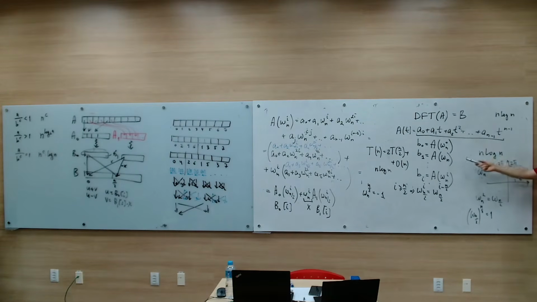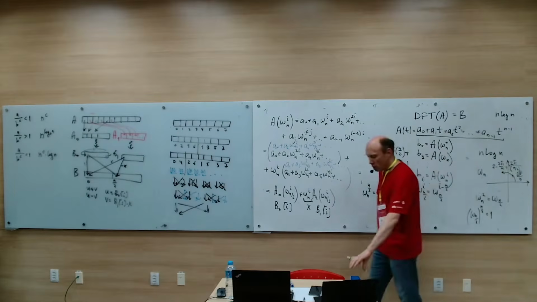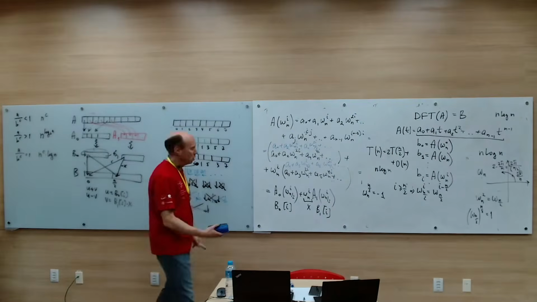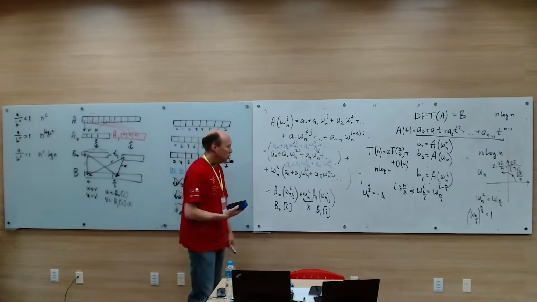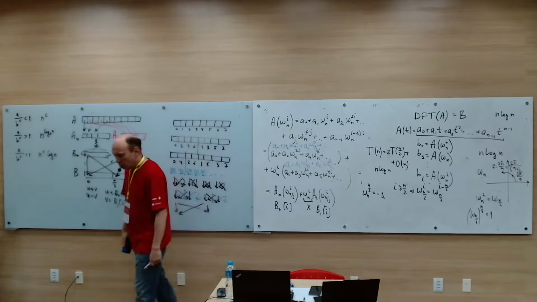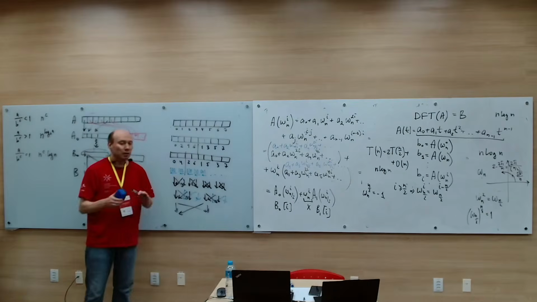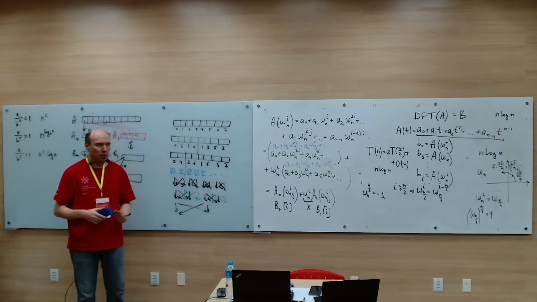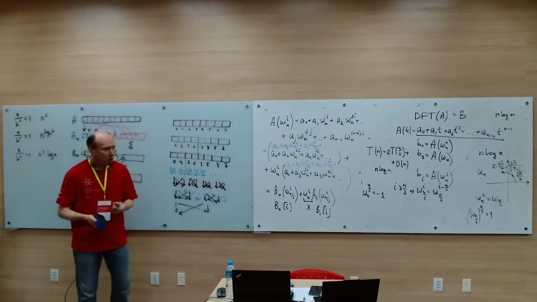We make f of t, we get this. We pointwise multiply this, and we want to get back. How to get back? There is one way to get back: apply the inverse Fourier transform.